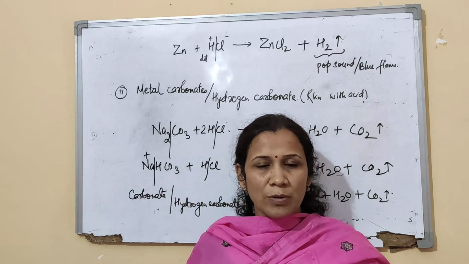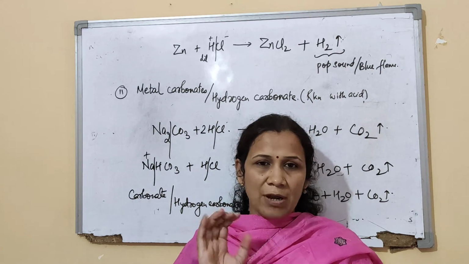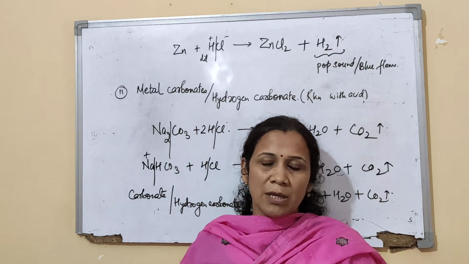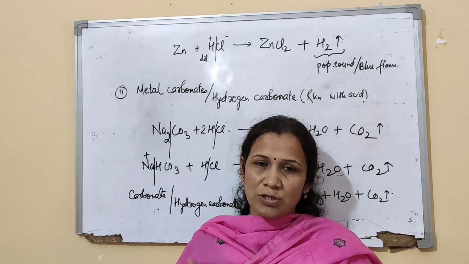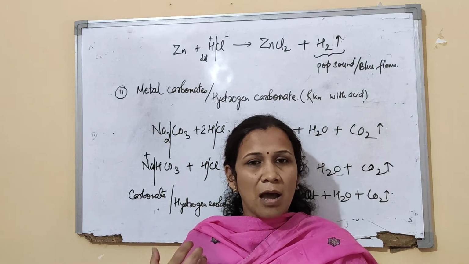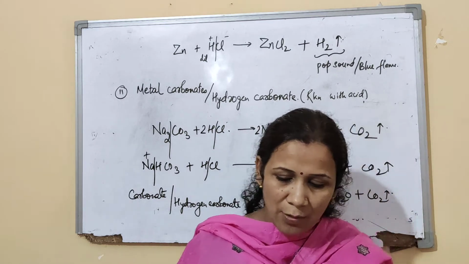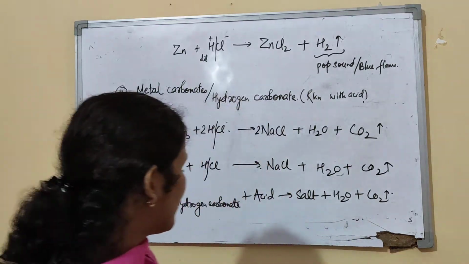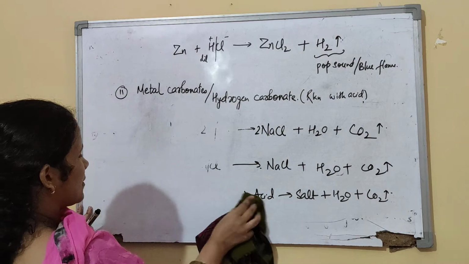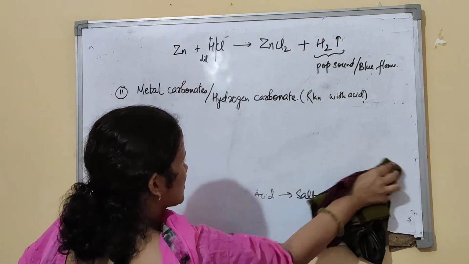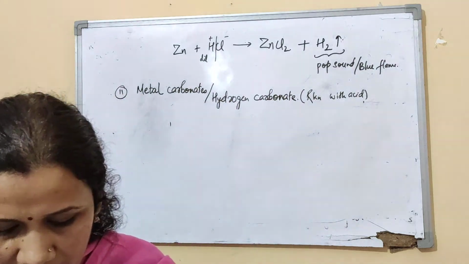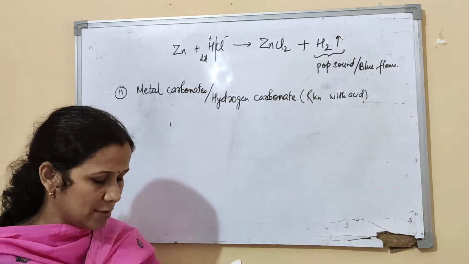So what are we going to do next? I will write and wait for you to do it for 5 minutes, and then you can cross check with me whether you have written correctly or not. We will practice a few more examples of carbonates and hydrogen carbonates. So let's see, I'll give you a few examples.